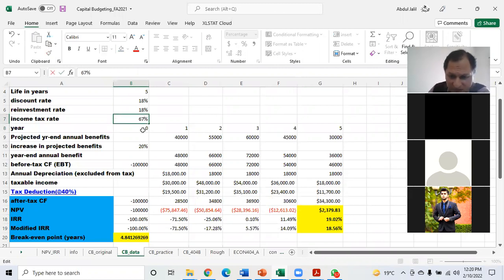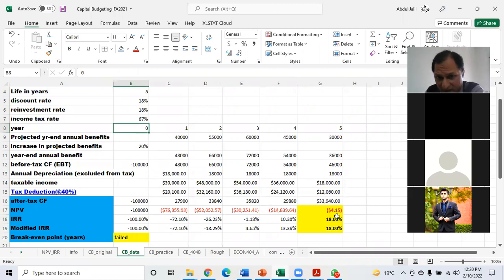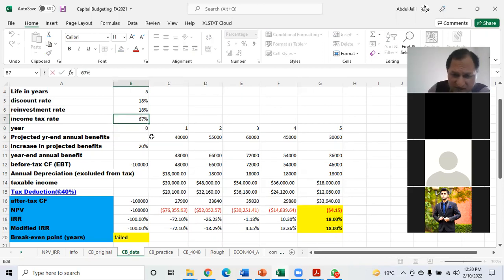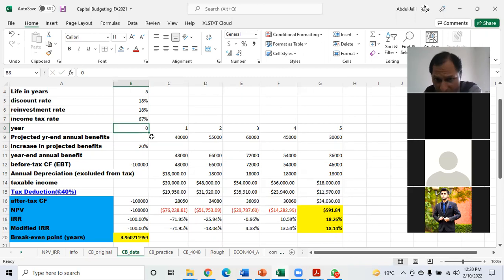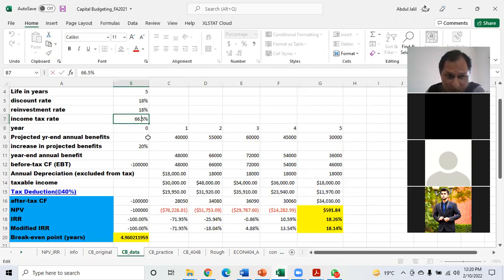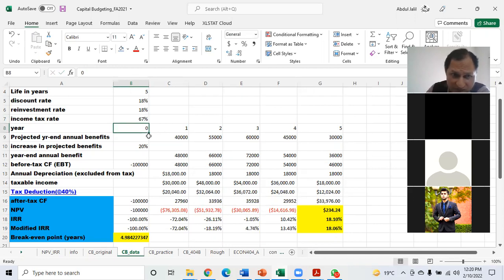67% will be the situation when, okay, it's very close to zero now, NPV. So this means it is just like a 66.5%, probably not. 66.5% is not working, 66.8%, let's suppose, 66.8% and 66.9%, very close to zero, but still not becoming zero.